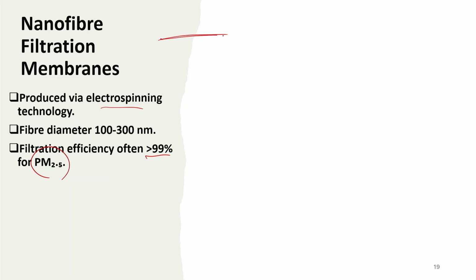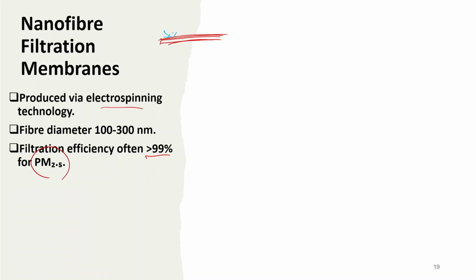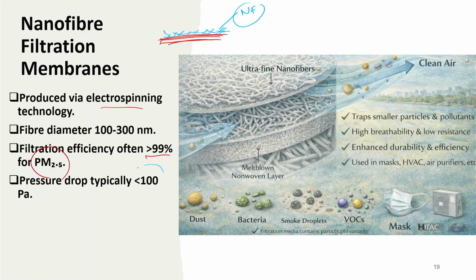On a stable nonwoven structure, we can deposit the nanofiber layer. This is the nanofiber, and the substrate will give the strength. Pressure drop is typically less than 100 Pascal.